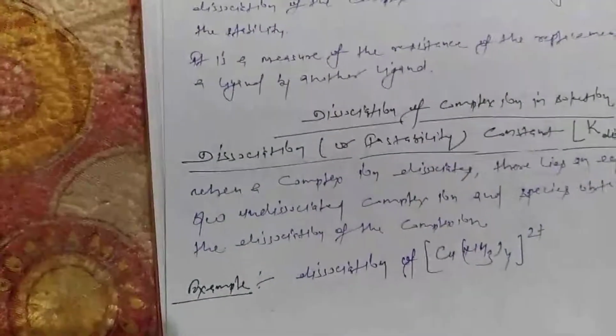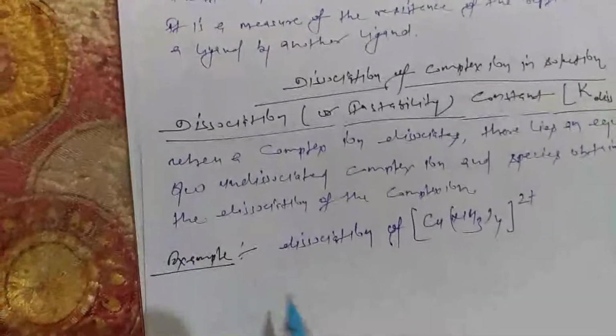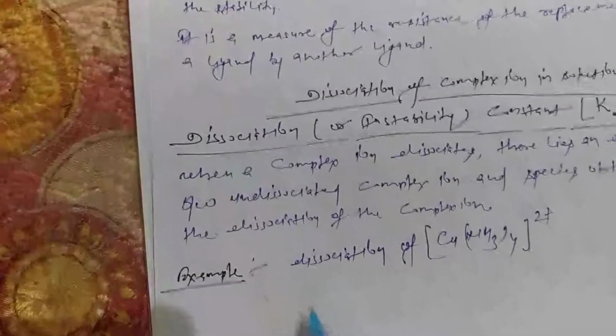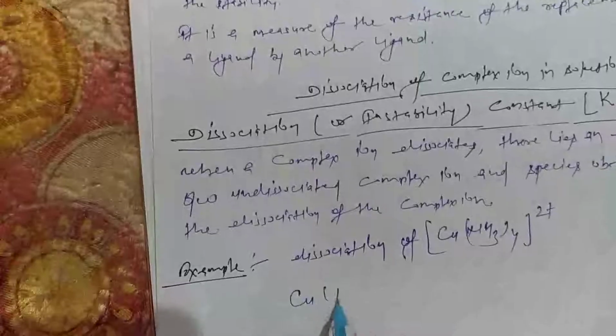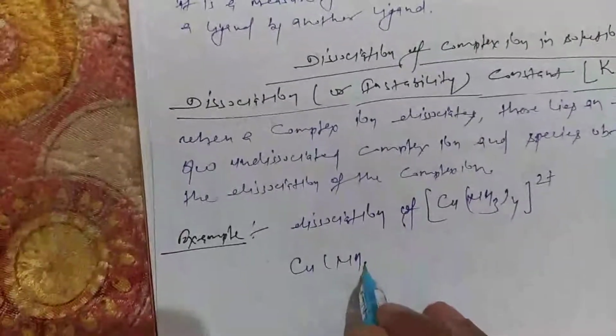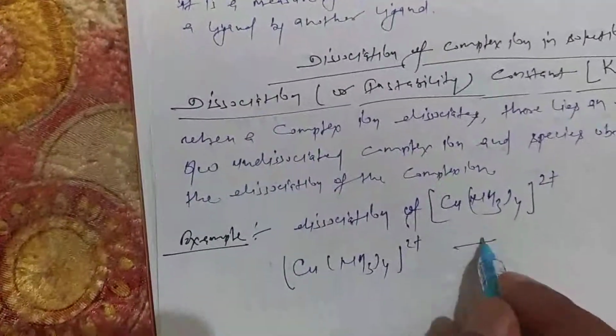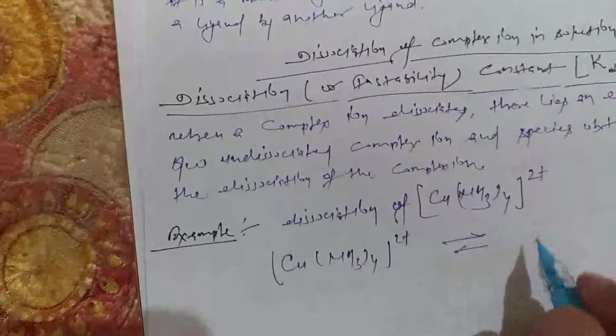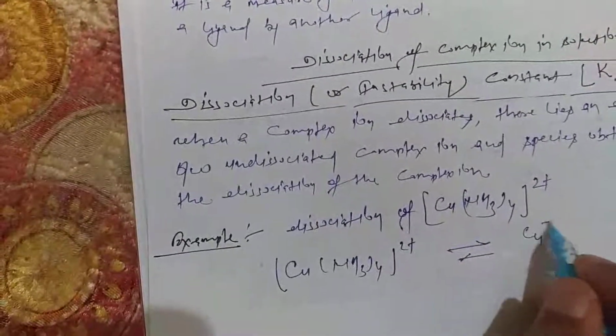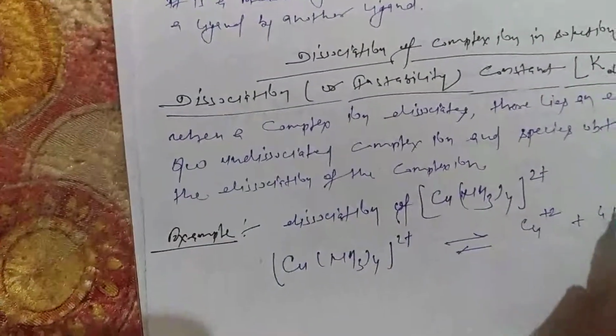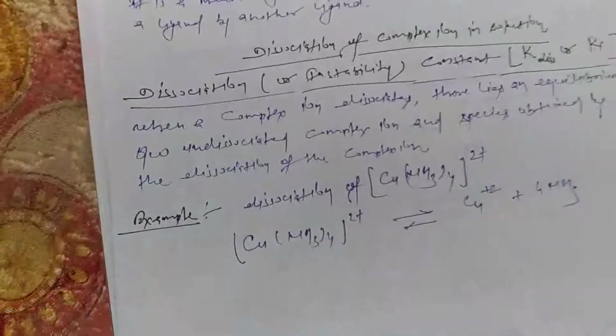How will the equilibrium be established after dissociation? Cu(NH3)4 2+ is in equilibrium, and it will dissociate into Cu2+ and 4 ammonia.